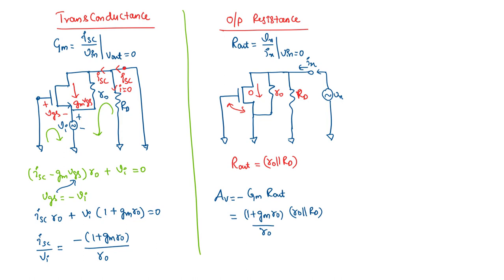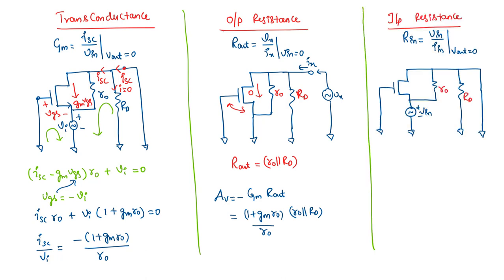Now in this case we cannot say the input resistance is actually infinity, because we are applying the signal at the source terminal. So we have to find out what is the input resistance. Here this is VGS. Obviously VGS is equal to minus Vin, and the voltage at this node would be 0, hence current flowing through RD will be 0.